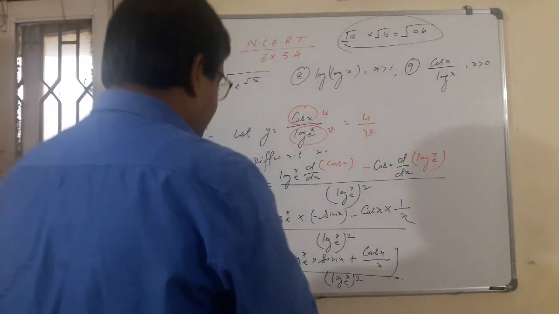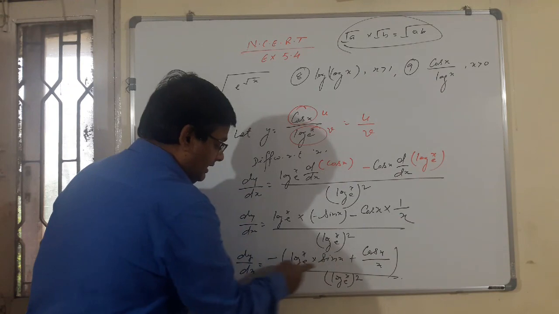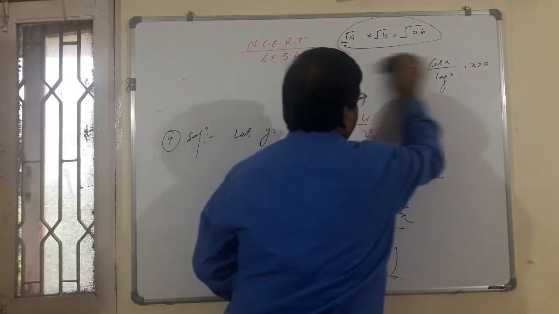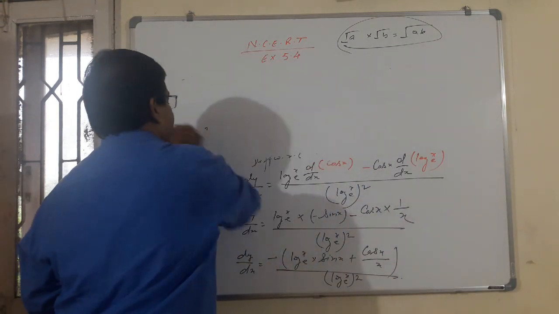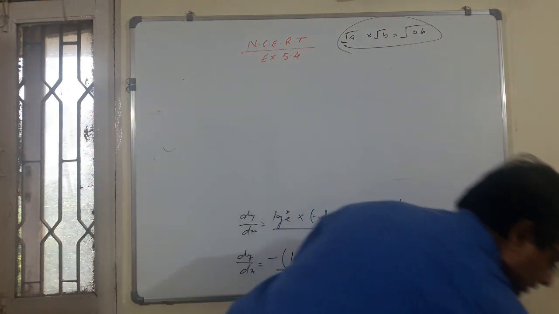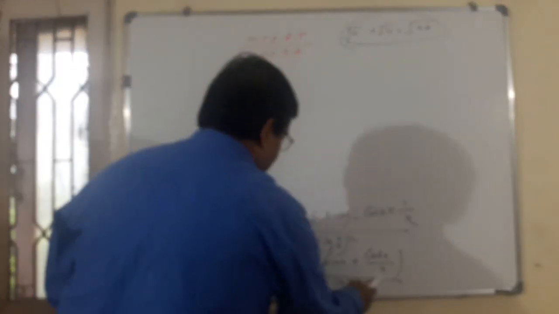If you want to simplify more, you can take LCM and then simplify. So see here, the LCM becomes x.